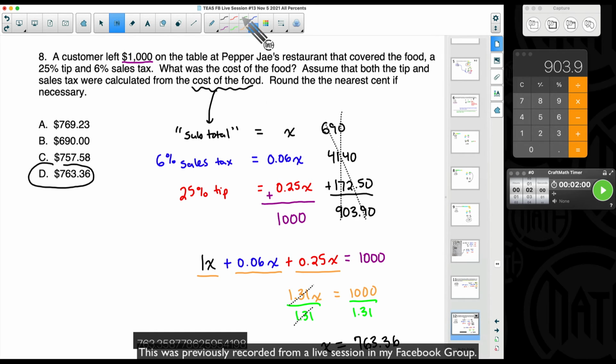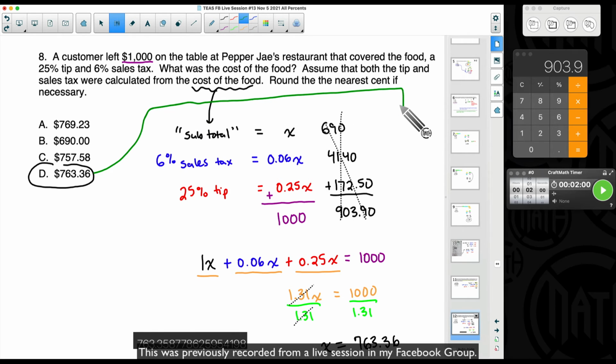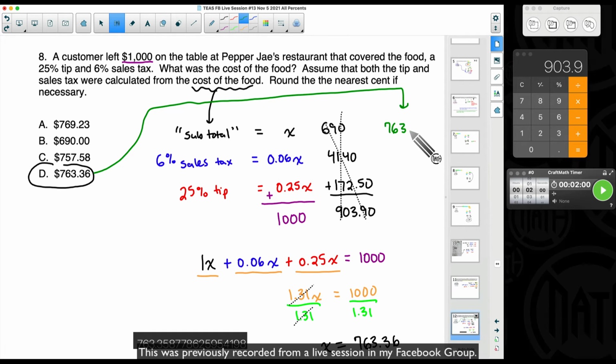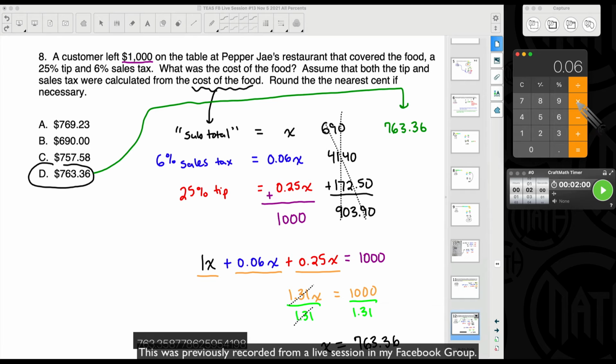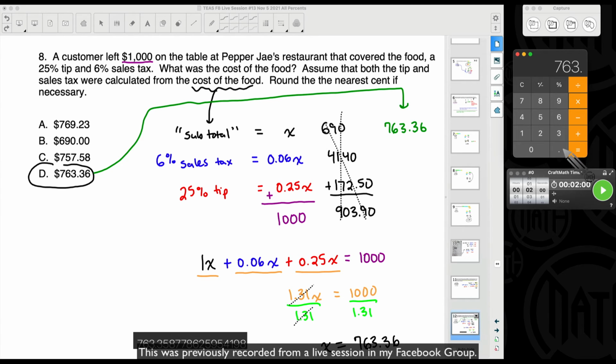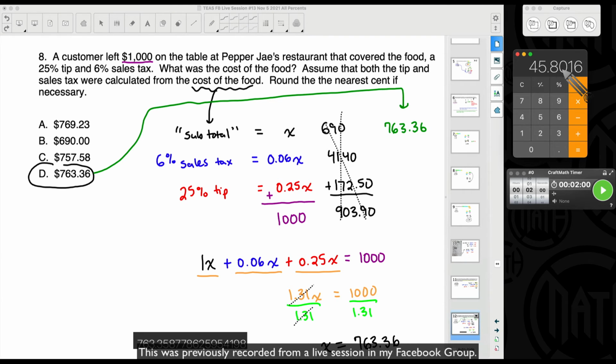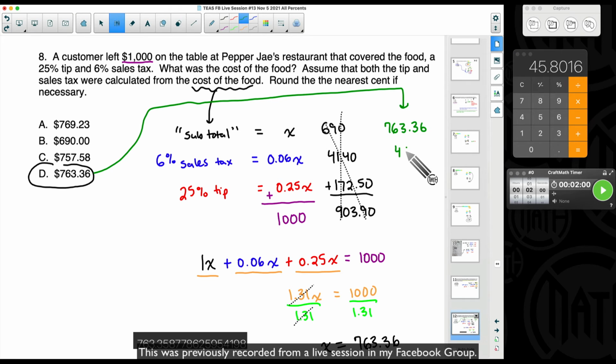So what we could do is this. Let's take this answer choice and let's just go back and check our work. So this should be the answer, $763.36. If we find the sales tax on this, if we find 6% of 763.36, we get $45.80. We don't round up to 81 here. So $45.80.